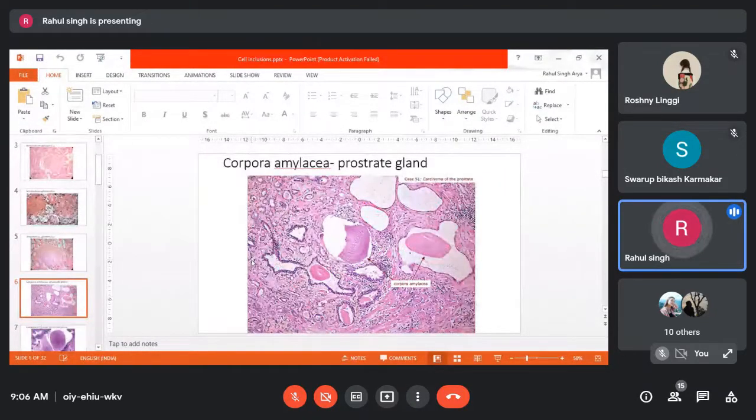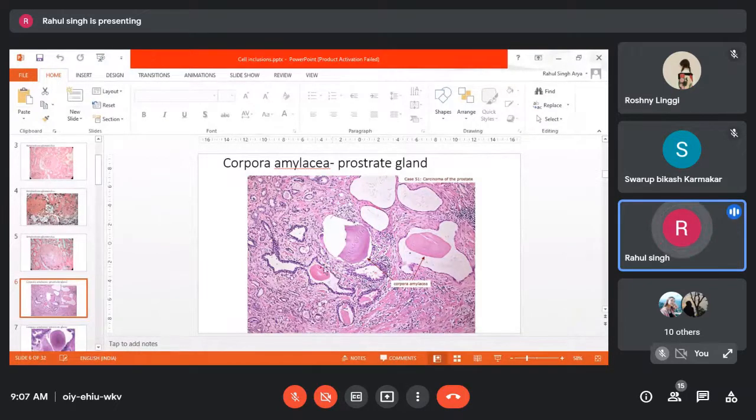Now, if you remember, these are the epithelial hyaline corpora amylaceae in the prostate gland. This is carcinoma of prostate, one slide, and these are the remnants of the gland lumen. You can see very few, and most of the parenchyma has gone tumorous and has fibrous connective tissue matrix.